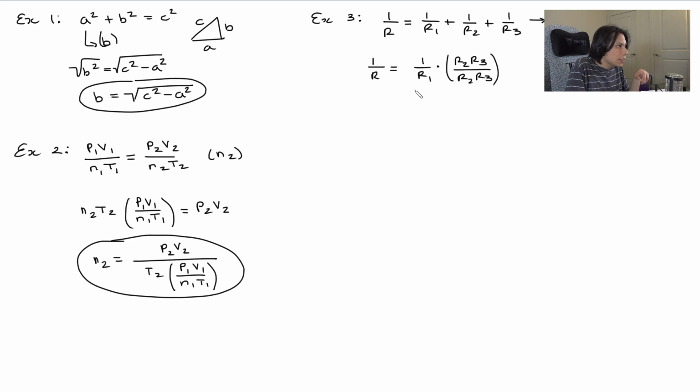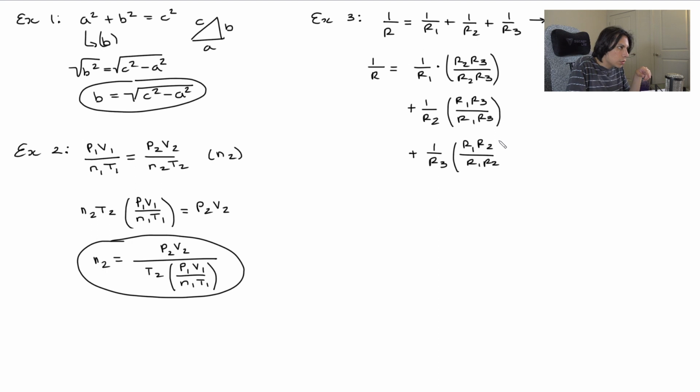So this is plus 1 over R2 times R1 R3 over R1 R3. Then we're going to add 1 over R3, our last term on the right-hand side of the equation, and multiply it times R1 R2 over R1 R2.